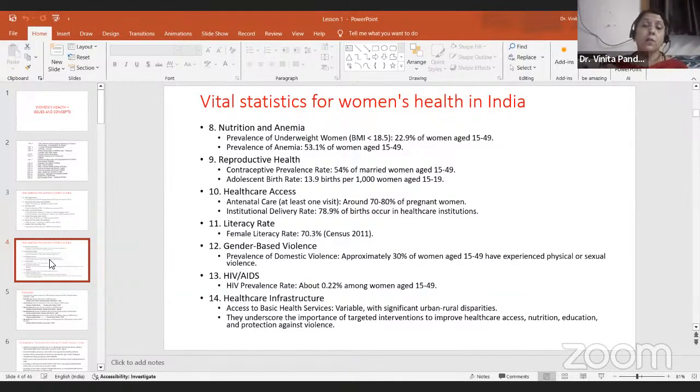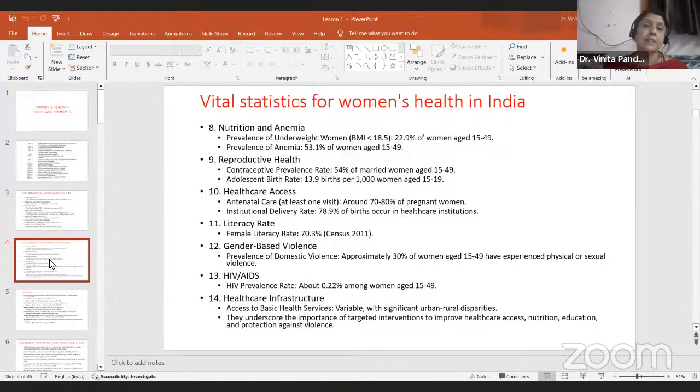Underweight women. So we know that with regard to weight, BMI is one very important indicator, body mass index. And reproductive health also, you can see the statistics that 54% of married women aged between 15 to 49 use contraceptives, and the adolescent birth rate is about 13.9 births per 1,000 women aged between 15 to 19 years.